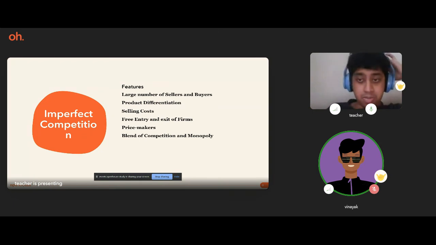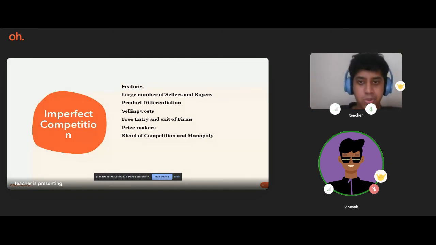And you have a large number of buyers for an iPhone, for a Redmi, for a Nokia, for a Samsung, etc. But what makes this market different from a perfectly competitive market is that these sellers create the second point, which is product differentiation, which basically means that an iPhone will look very different from what a OnePlus would look like.